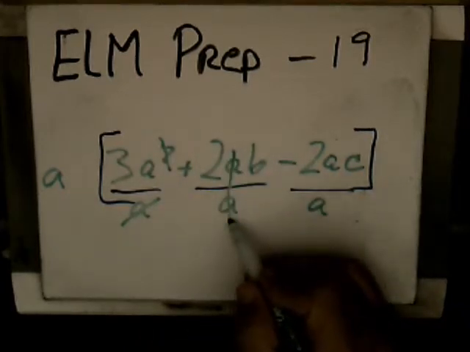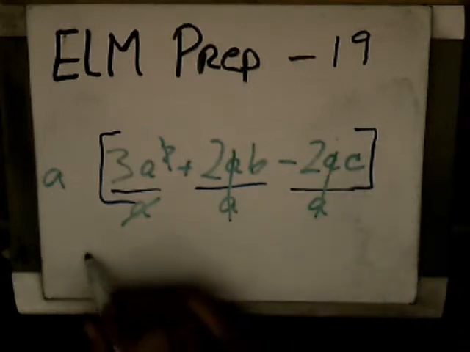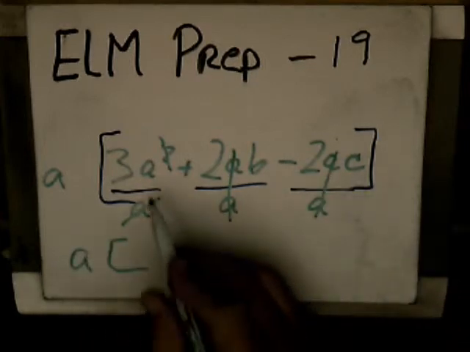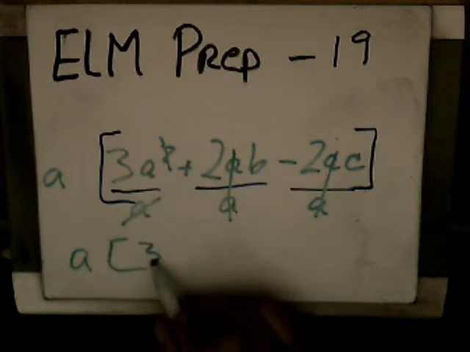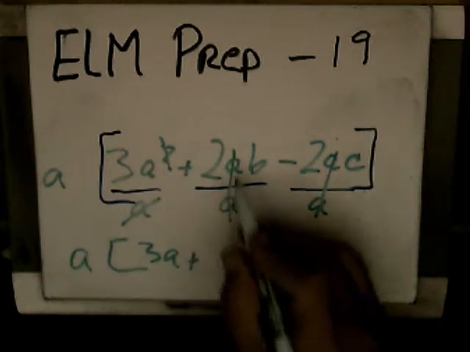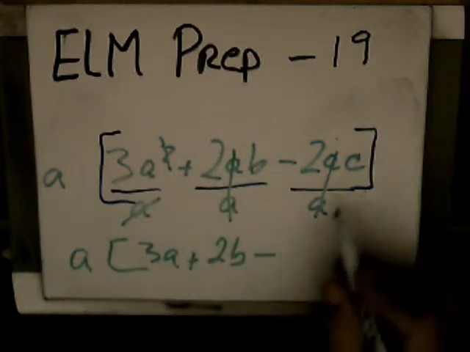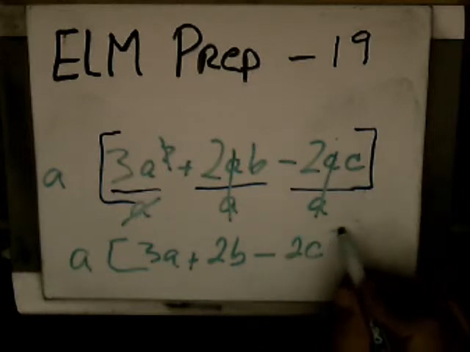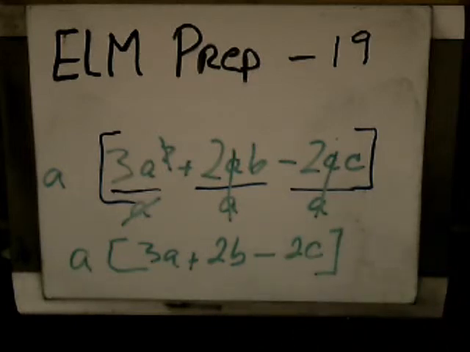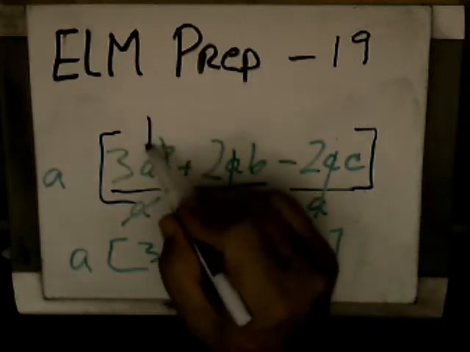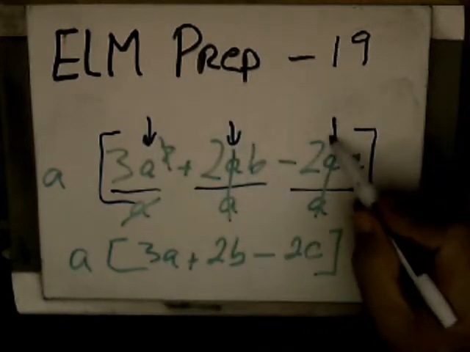I had 2, those went away, so I have A outside, and I had 3A left in there, plus 2B minus 2C.